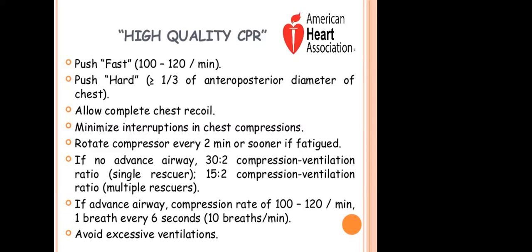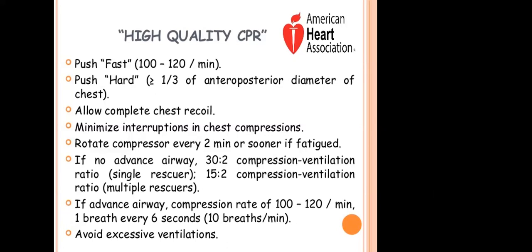Go ahead. So if there is no advanced airway, you want to do 30 to 2, but in children, you want to do a 15 to 2 compression ventilation ratio. All right, but if, for instance, the patient is intubated or has a tracheostomy, you want to do a compression rate of 100 to 120 per minute and 1 breath every 6 seconds.